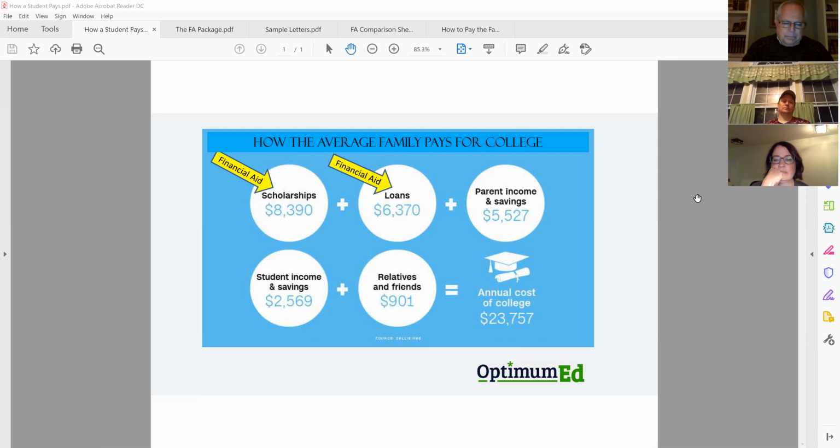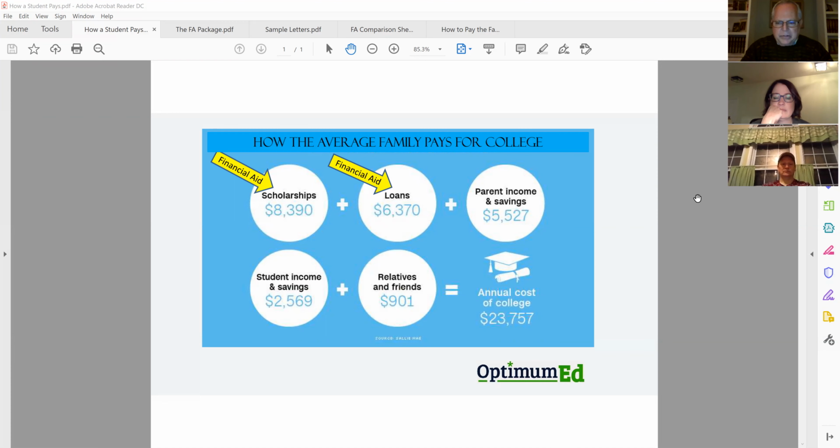So I just wanted to back up a couple steps before we get into that, just to review a little bit. I think it's important to understand that financial aid is, for most families, just a portion of the strategy on how they pay for the student's college. I showed this slide previously. It is really a combination of different resources that come together to be able to pay for college today.